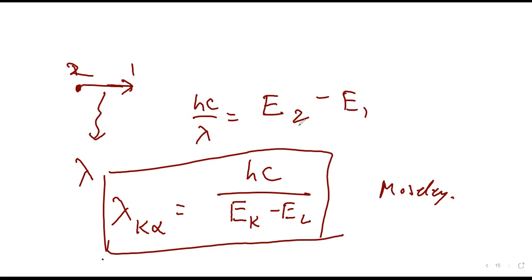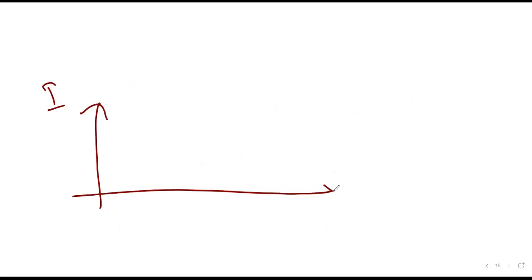Now tell me one thing: this spike, how will you understand what it is, K alpha or K beta? If I draw like this, this is intensity versus lambda, and I have drawn something like this.